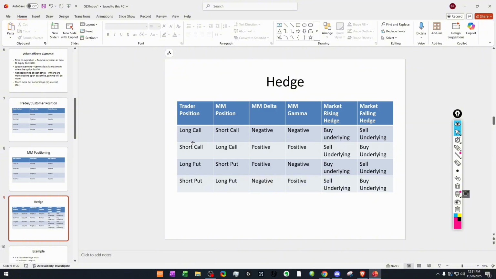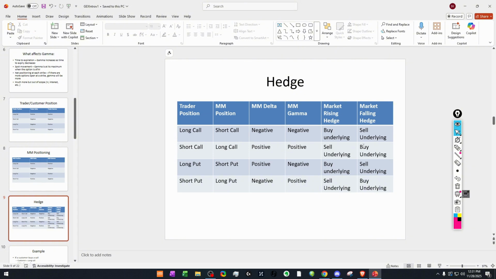If the trader opens a short call position, market maker takes the other side, so they're long that call. Now they have positive delta and positive gamma. So as the market rises, in order to hedge that delta back to zero, they need to sell the underlying.